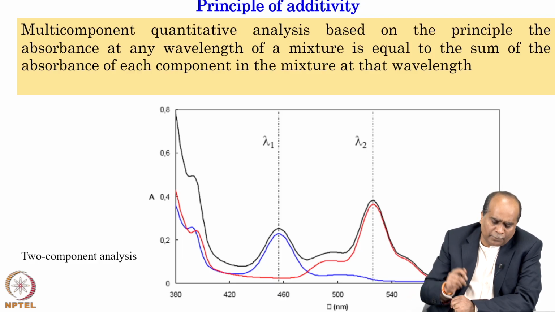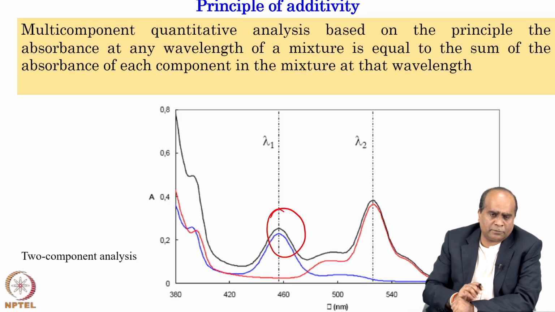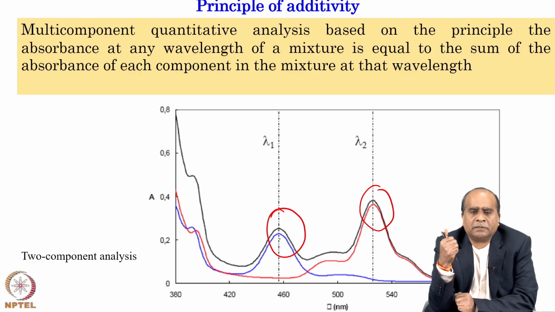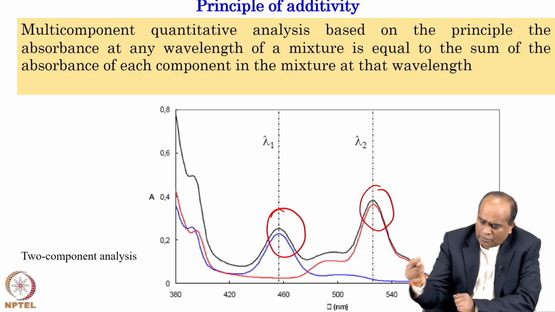at that wavelength. Suppose two or more chromophores are contributing towards absorption at this particular wavelength, or at this particular wavelength. Here the total absorption will be given by the absorption of component 1 plus component 2, and similarly at the other wavelength we have the absorption contribution coming from component 1 and component 2.